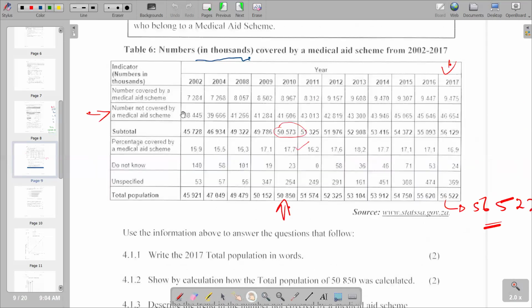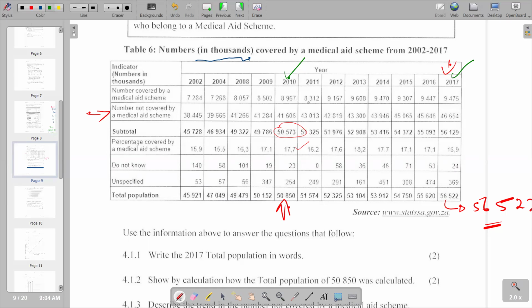So we come here, covered, we have it here. Remember, we are starting from 2010, it's here, and 2017, it's here.